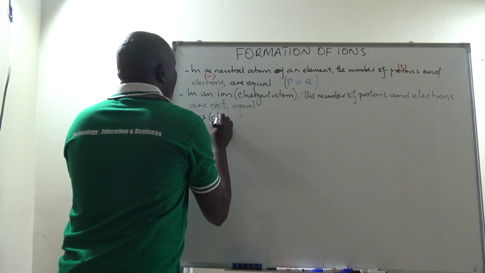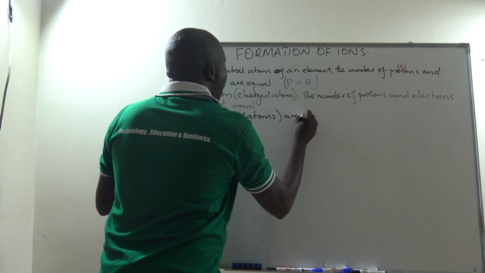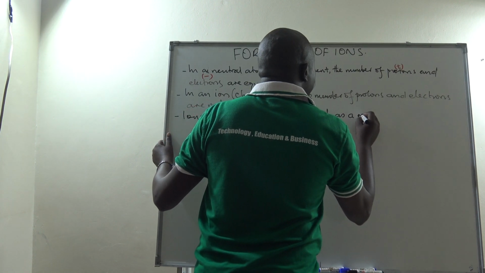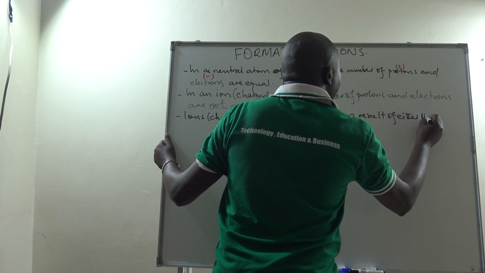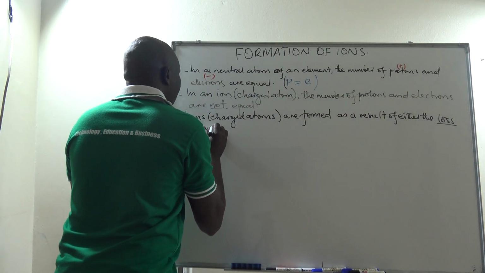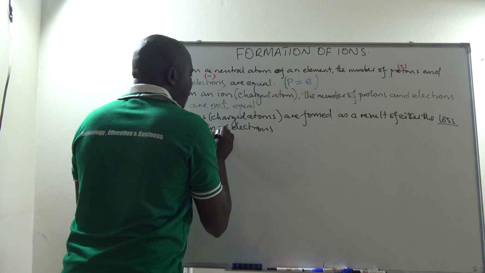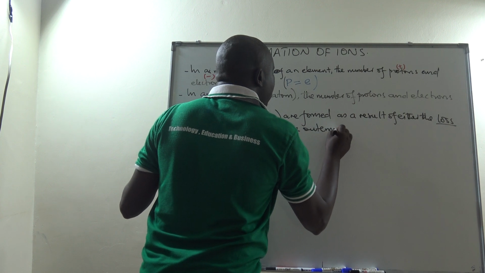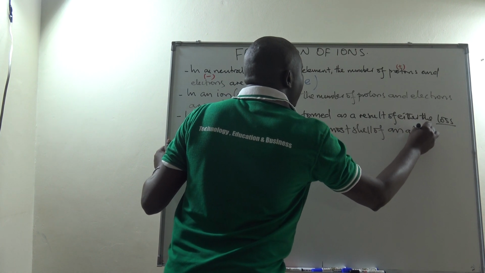Ions, or the charged atoms, are formed as a result of either the loss or gain of electrons, the loss or gain of electrons in the outermost shell of an atom.